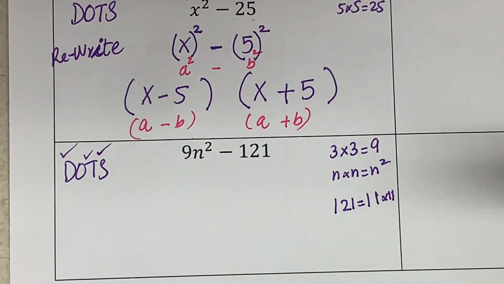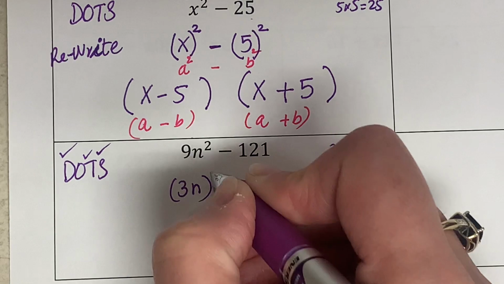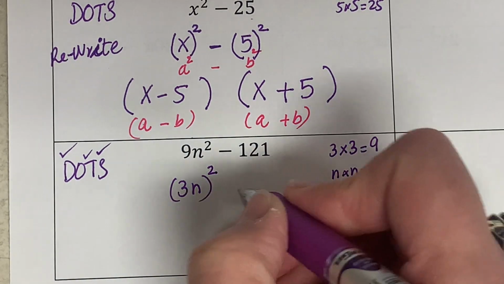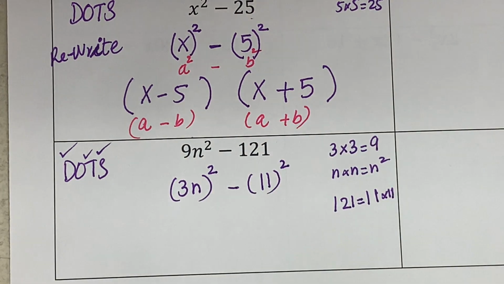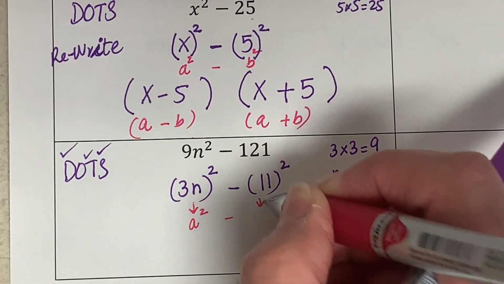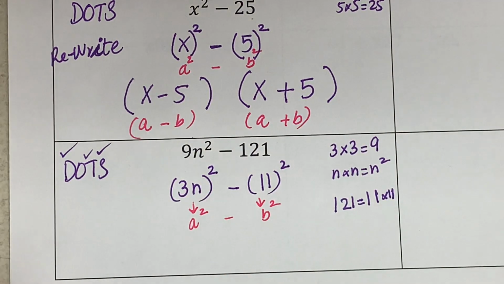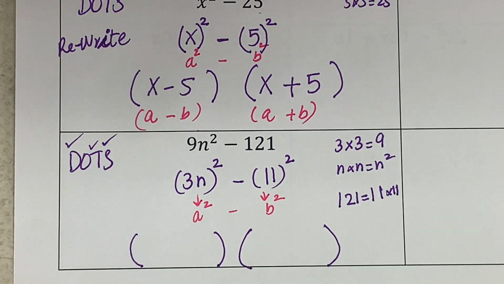The method will work. It's (3n) squared, minus, you first rewrite it, 11 squared. So I rewrote it. This is a squared minus this is b squared. Now write it in factored form, one time with the minus, one time with the plus.